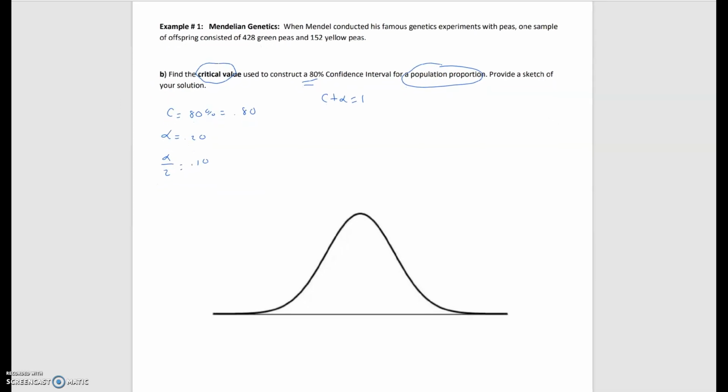Now, in the construction, and once again, we're talking about proportions here, these would be z-scores. So technically, there's going to be a z on the left and a z on the right. This part of the middle is C, which in this case is accounting for 80%.